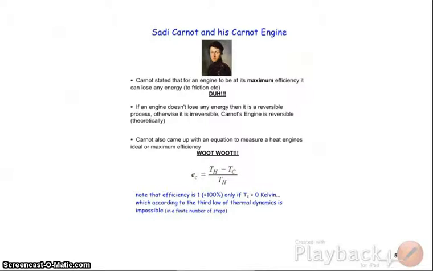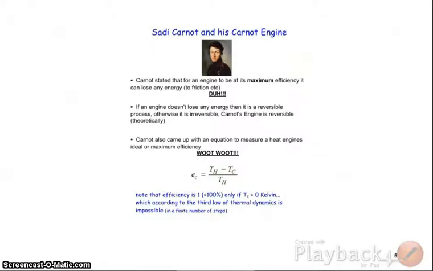Carnot also came up with an equation to measure a heat engine's ideal maximum efficiency. So what's the maximum efficiency of an engine? Woot woot, go Carnot. Alright, so Sadi said that your maximum efficiency equals the temperature of the hot part, minus the temperature of the cold part, divided by the temperature of the hot part.